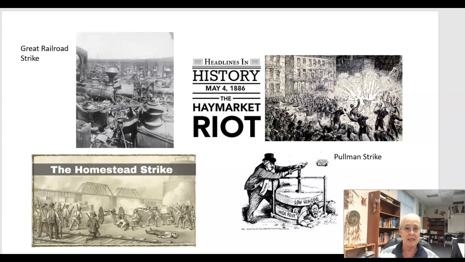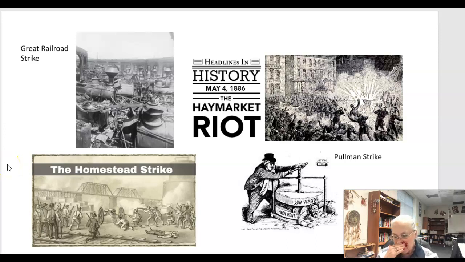And so union gains are not going to happen for the next 30 years. They're going to decline in membership over the next 30 years because of all of the violence that has gone on with workers trying to get attention as far as hours and pay and working conditions.